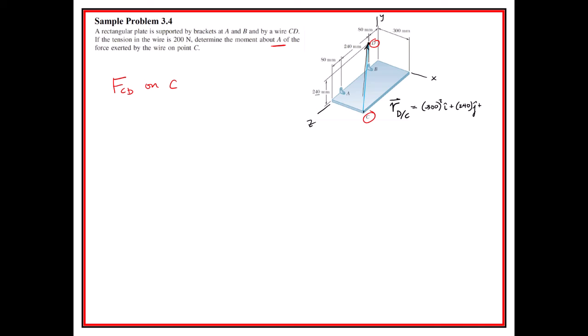Lastly, in the Z direction, we're traveling in the negative Z direction to get over to D, and it's 80 plus 240, so it's negative 320 k. And of course, we would add millimeters in there.